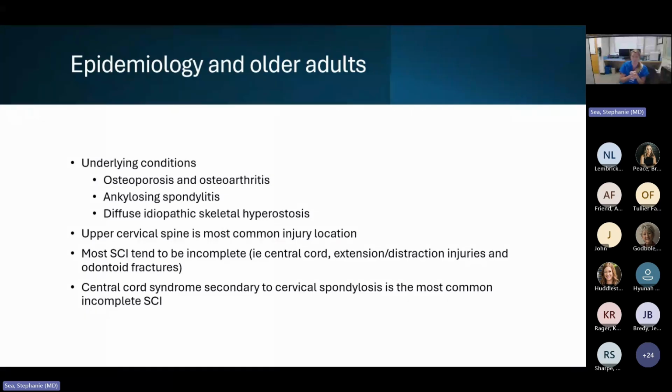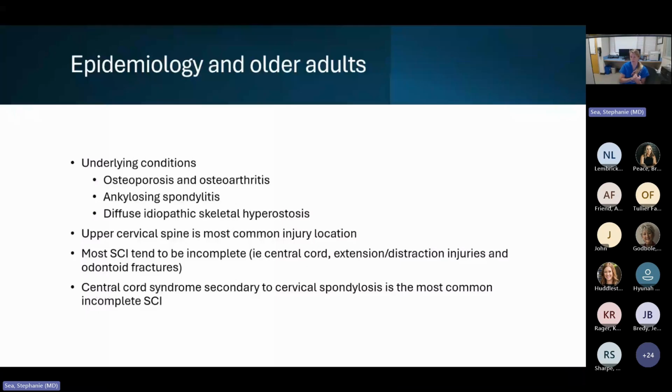It's also a disease called diffuse idiopathic skeletal hyperostosis that also contributes to worsening injury patterns. Again, upper cervical spine is the most common injury location in the elderly population. Their spinal cord injuries tend to be incomplete, so you'll see a lot of central cord, extension distraction, kind of that falling back head type injury, odontoid fractures.